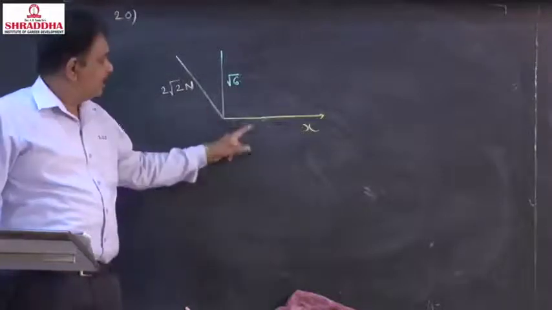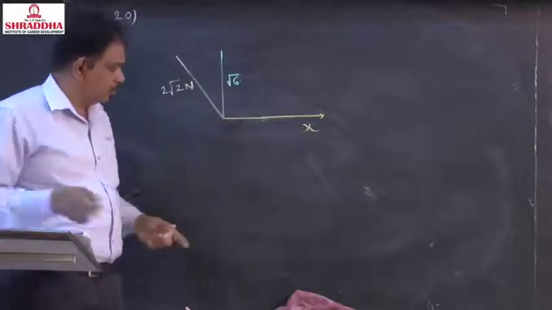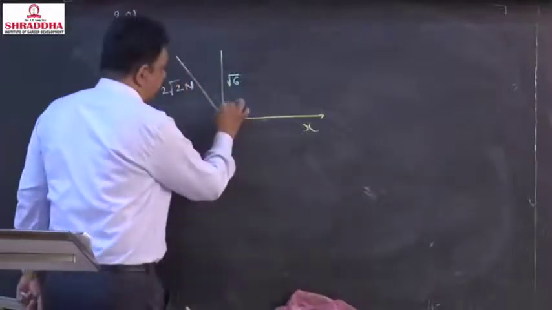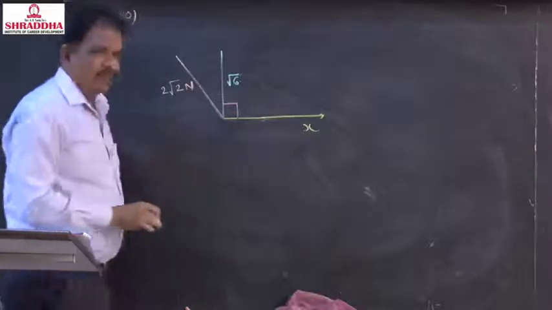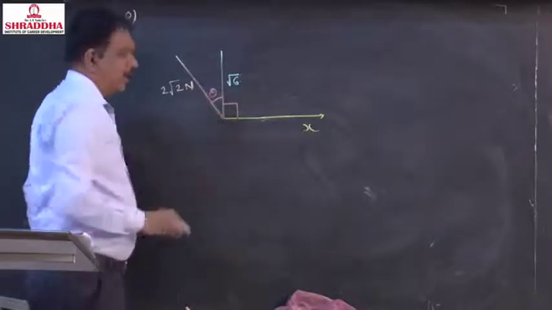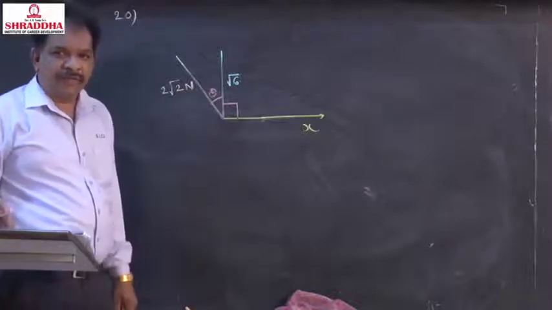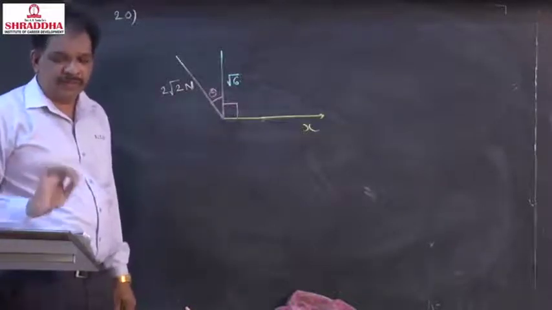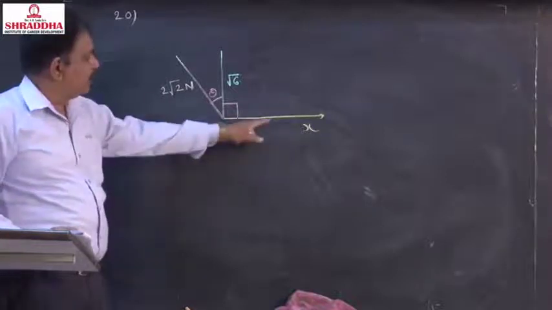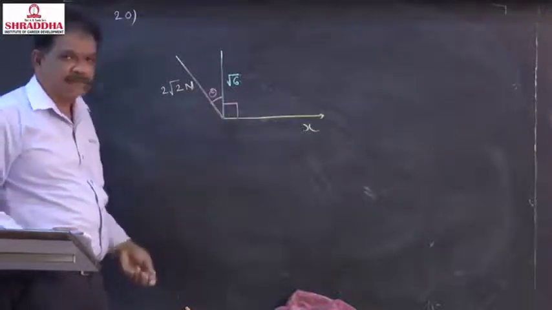Then, what is the angle between these two? Already this angle will be 90 degrees. If you find this angle theta, then 90 plus theta will be the angle between the two vectors.